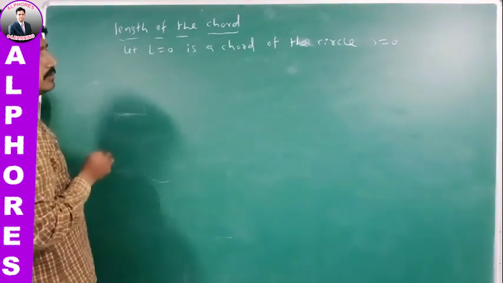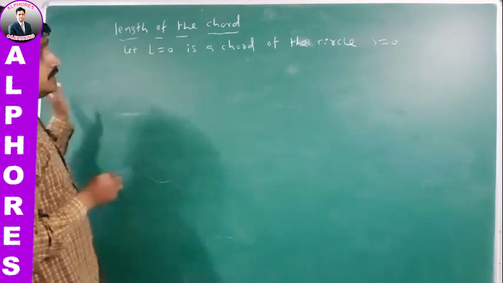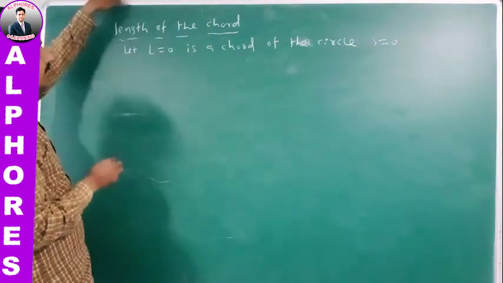Now the length of the chord is required, the length of the chord intercepted by the circle S equal to 0 on the line L equal to 0.